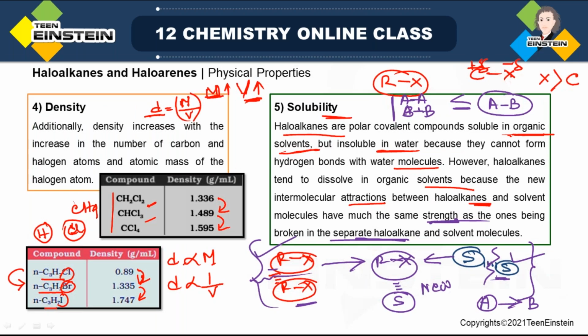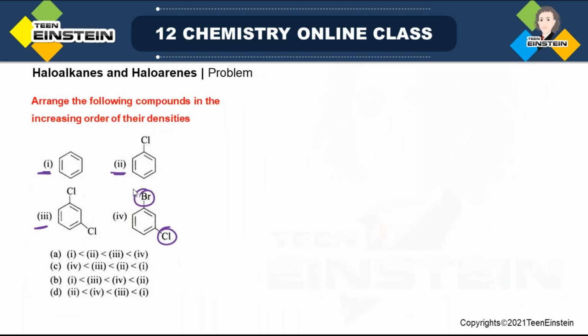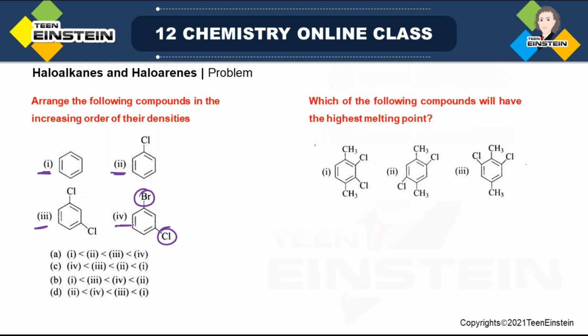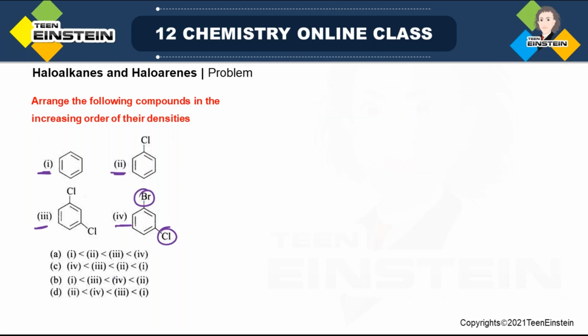And look at the second table in this slide: when you are moving from low atomic mass to high atomic mass halogen, density also increases. That means if you compare 3 and 4, obviously 4 will have higher density. So it is very simple. 4 maximum, then 3, then 2, and then 1. So this is the correct option. Maximum 4, minimum 1.